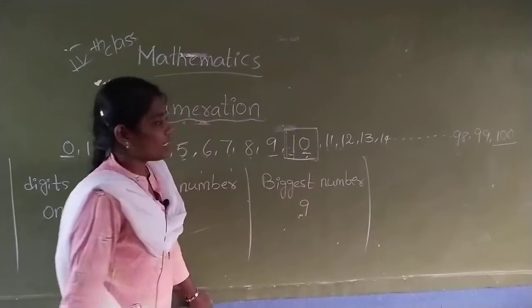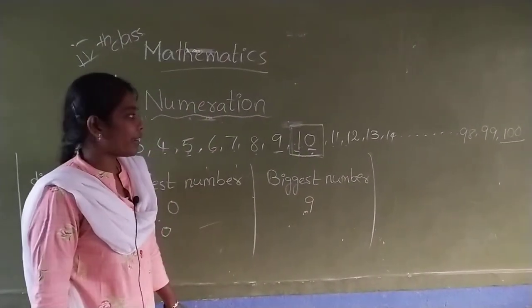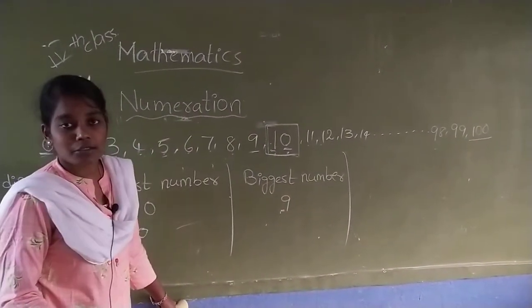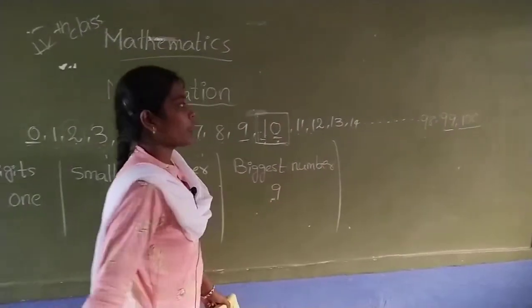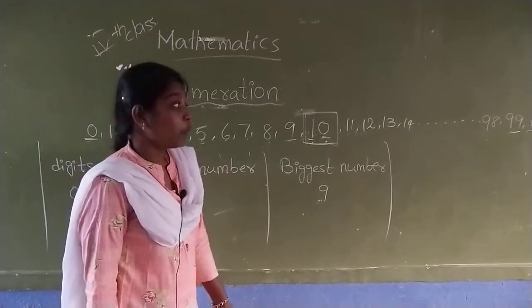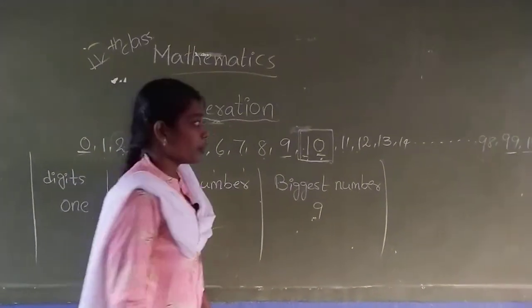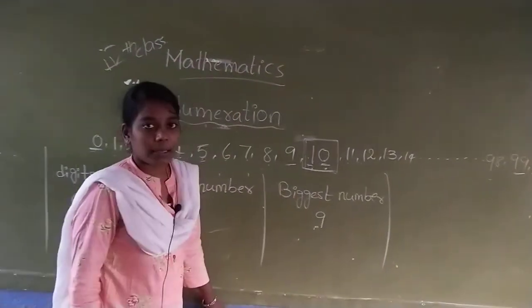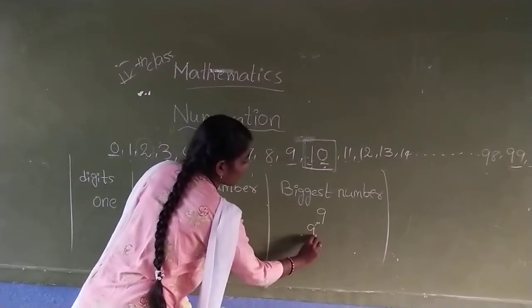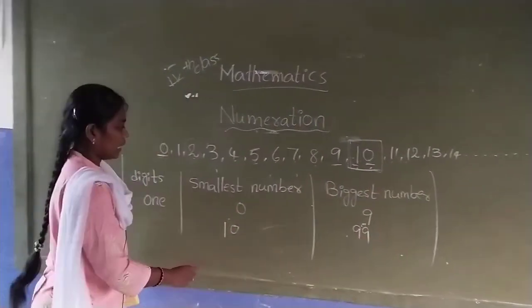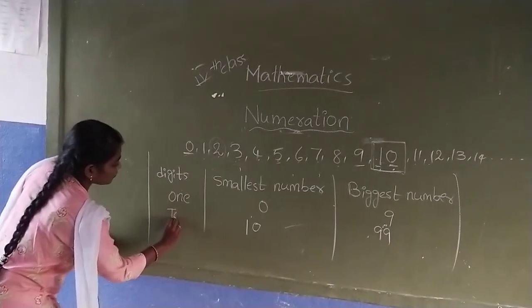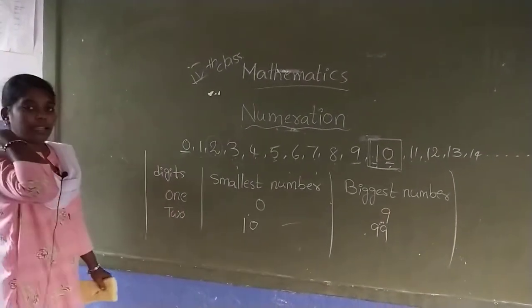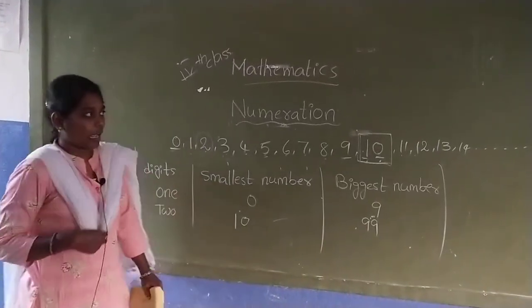Which one is the greatest two-digit number? 99. After 99 we have 100, which is a three-digit number. So the biggest two-digit number is 99.